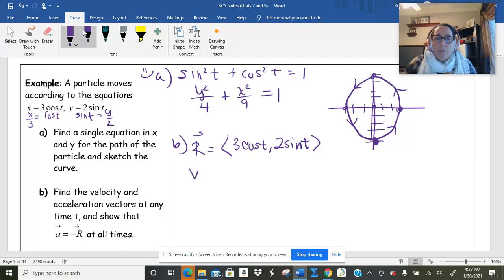Now if I want to get the velocity vector, all I do is take the derivative of this. So I take the derivative of each part. Then to get the acceleration vector, I take the derivative of that.